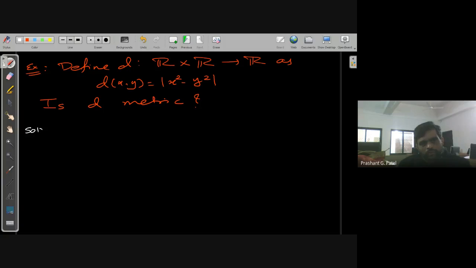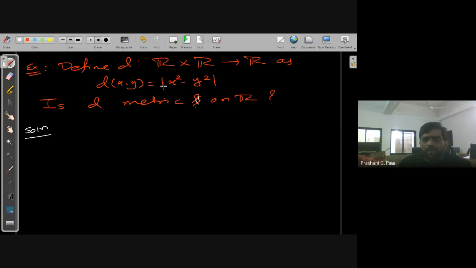Solution. So what is your answer? Is this d a metric on R?